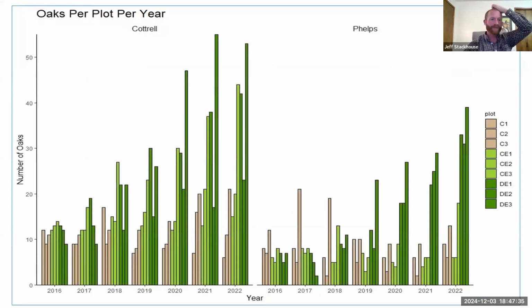And these are the same data shown side by side, on a different scale, where your deer exclosures, the hog wire panels, are the dark green, with Cottrell Ranch on the left and Phelps Ranch on the right. The tan is your no fence areas for your controls and your cow exclosure only areas.